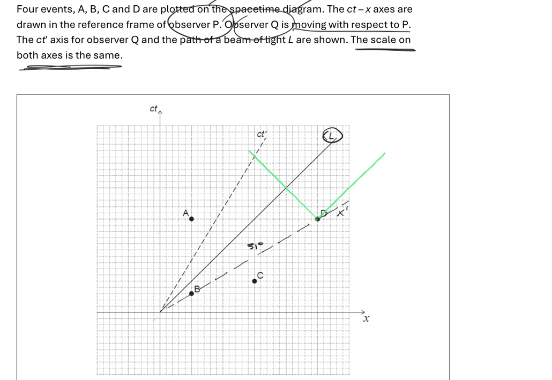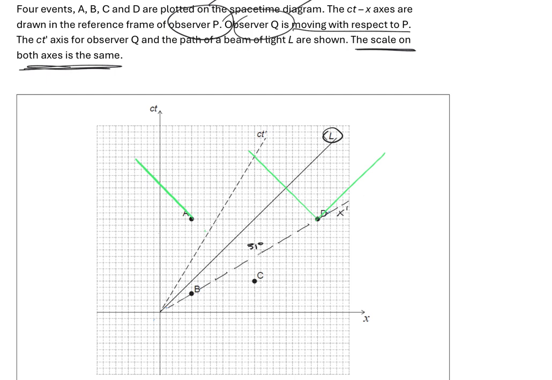And so those are my 45-degree rays from D. Yes, they're at right angles to each other. I'm talking about the lines themselves being at 45 degrees relative to the graph. And so here for A, I have a line 45 degrees going this way, roughly 45, and that's not going to intercept the CT axis.